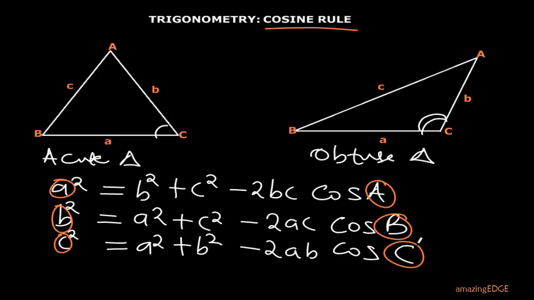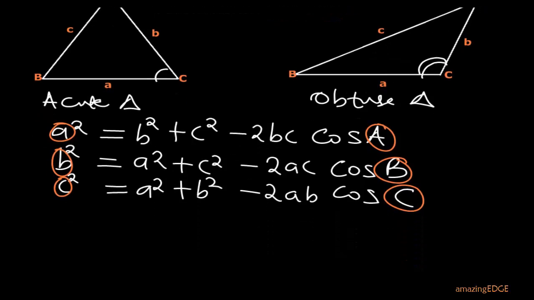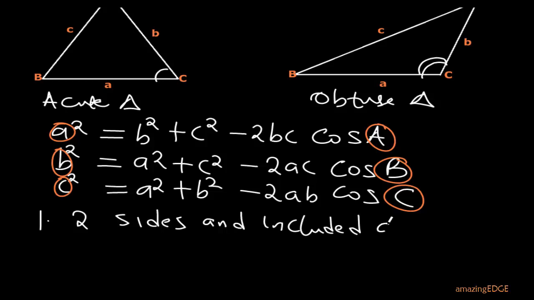Now, we have to observe the condition for using this cosine rule. You can use cosine rule when dealing with a non-right angled triangle, and the two sides and the included angle are given. So you have two sides and the included angle, or you are given all three sides.